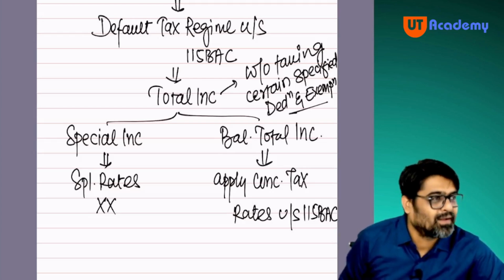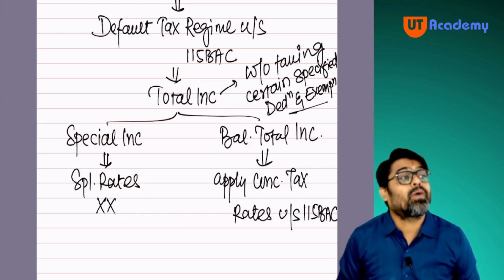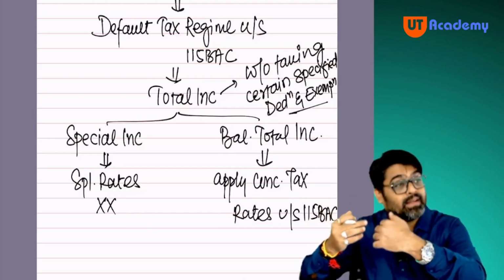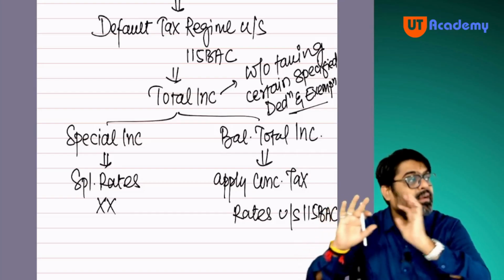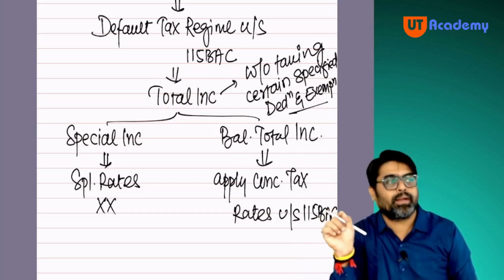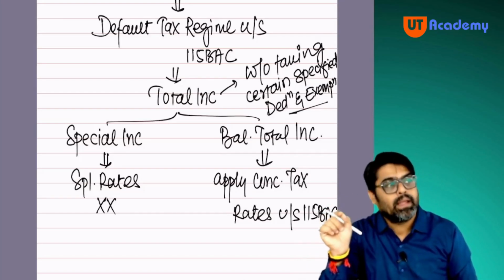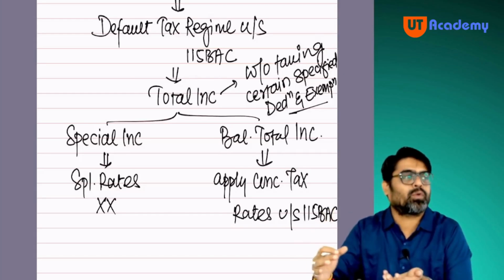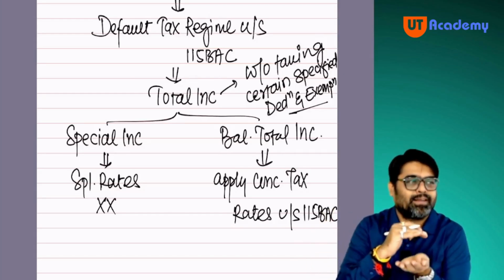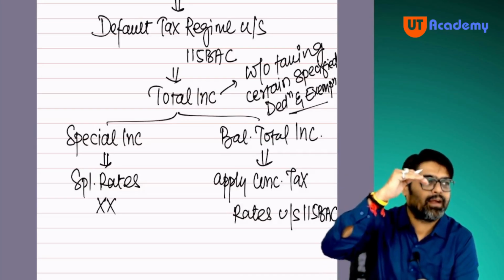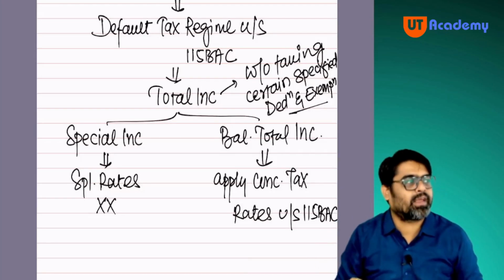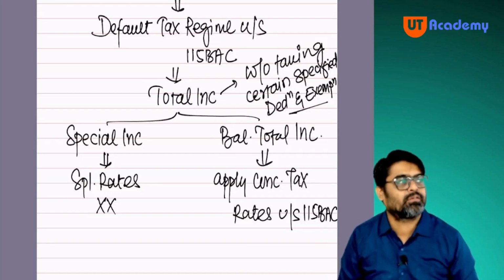Understood? Now tell me, if I forget those deductions and exemptions, without claiming deductions, without claiming exemptions, don't you think my total income will not be 10 lakh? It will be more, and do you know how much my total income came? 25 lakhs.